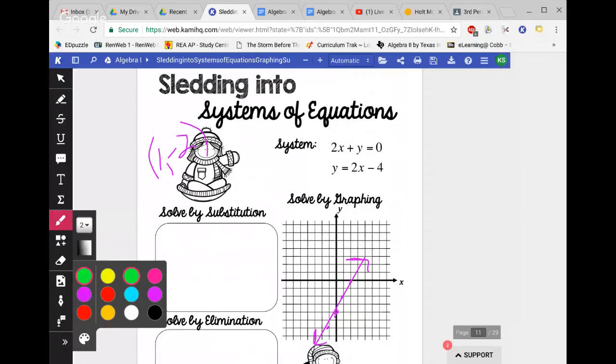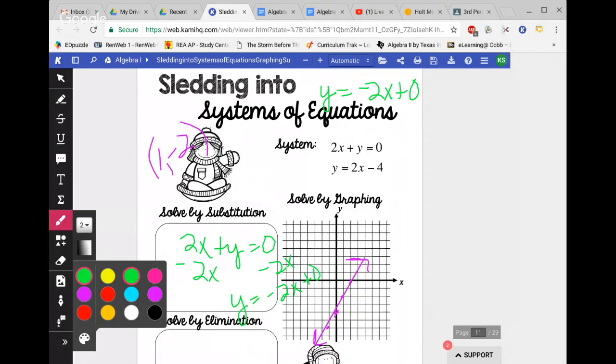Now this other one we'd have to put into slope-intercept form. You have 2x plus y equals 0. We're going to subtract 2x from both sides and you're going to have y equals -2x plus 0. That's the slope-intercept form for that one. When there's 0, you don't go anywhere, right?